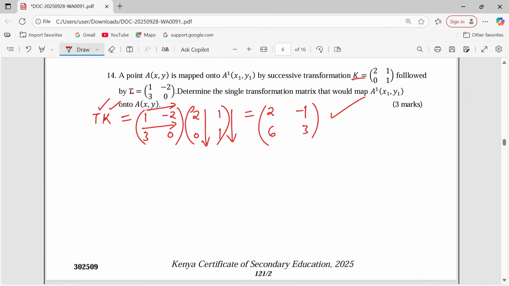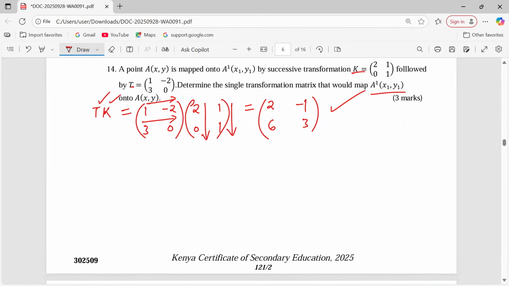Meaning that now we need a matrix that reverses this. Now, a matrix that reverses a transformation is the inverse of the matrix responsible for the transformation. I don't know whether you've heard that language. I'm saying a matrix that can reverse an image back to the object it was is usually the inverse of the matrix that is responsible for the transformation.